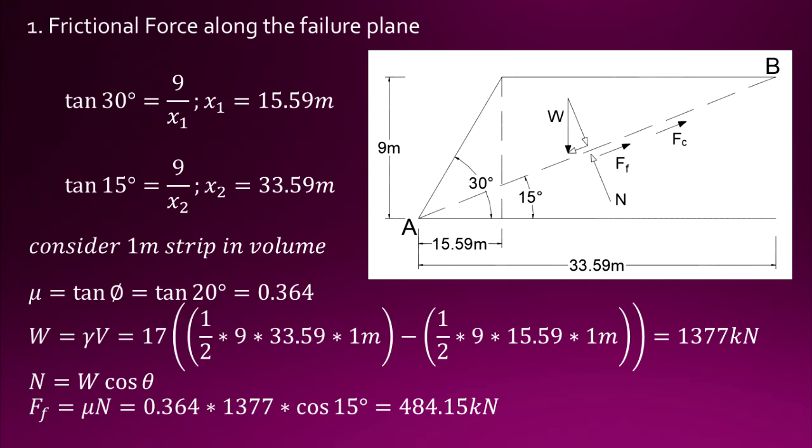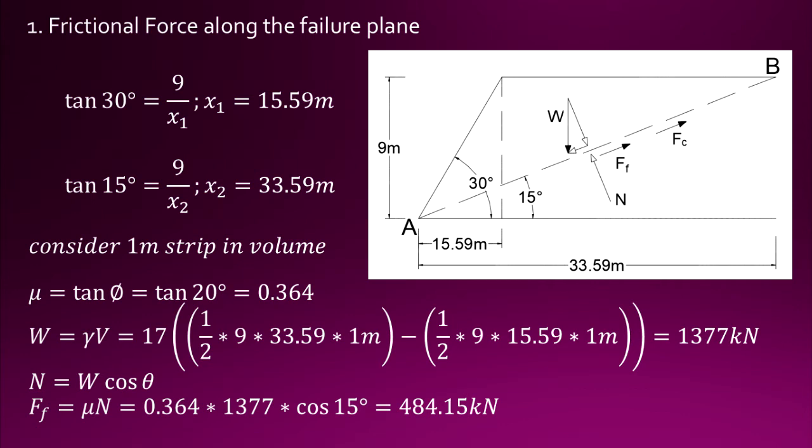To get that, we could use the triangle minus this small triangle. Take note, we are to consider 1 meter strip in the width. Then here would be the volume. Multiplying it with our gamma, we could get now the weight above the failure plane.